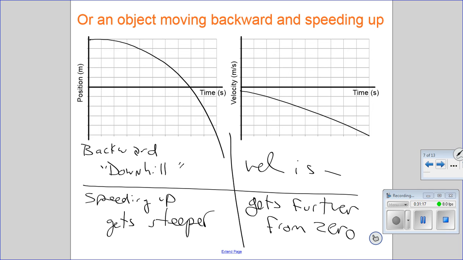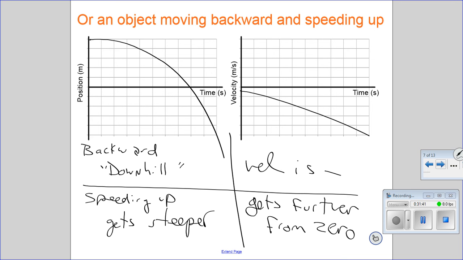You walk into the room, you look at this, you go, oh, the velocity's decreasing, right? It's going downhill. That means decreasing. So here's an example where your object is speeding up, but the velocity's decreasing. It's just getting more negative. It's going in a negative direction, faster and faster and faster. All right? Everybody good?